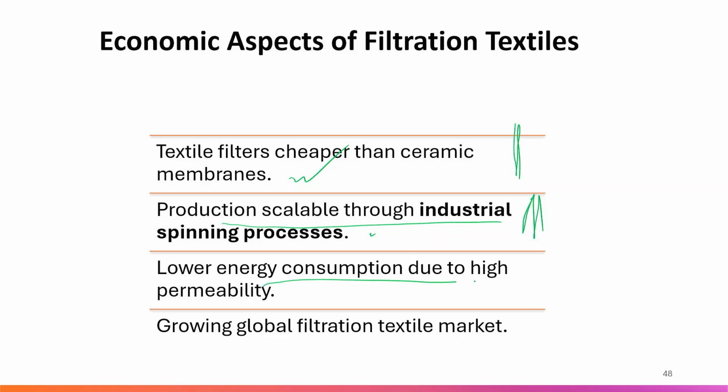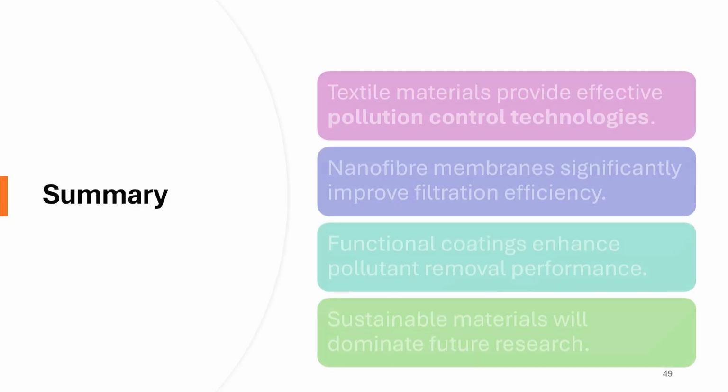There is lower energy consumption due to high permeability. Textile membrane has relatively higher permeability, as we have already mentioned, so the pressure drop will be lower and the energy cost will be low. There is also a growing textile filter market throughout the globe. So, economically it is sustainable.